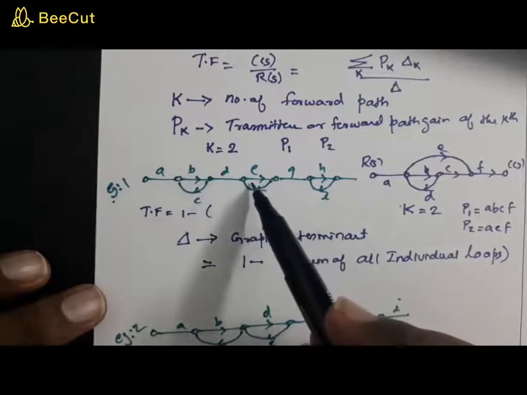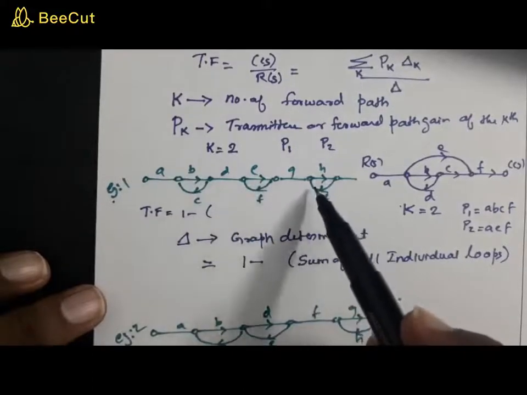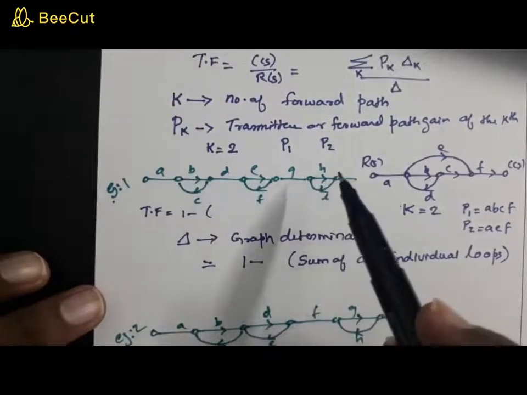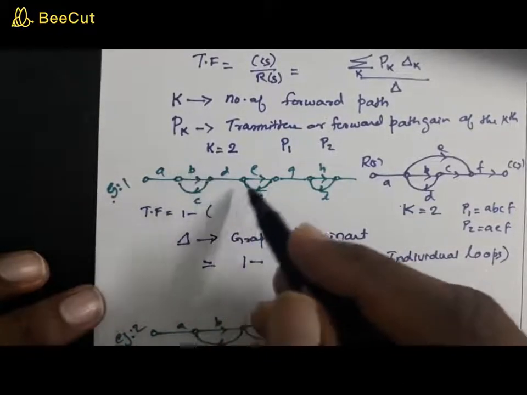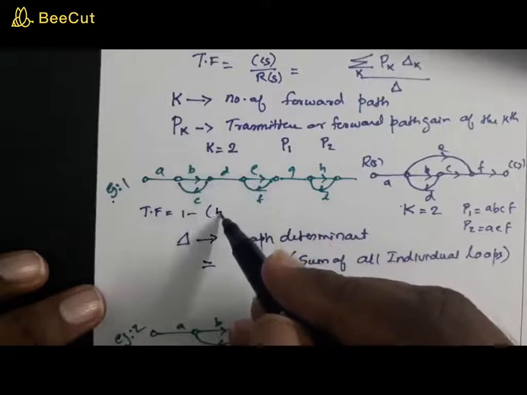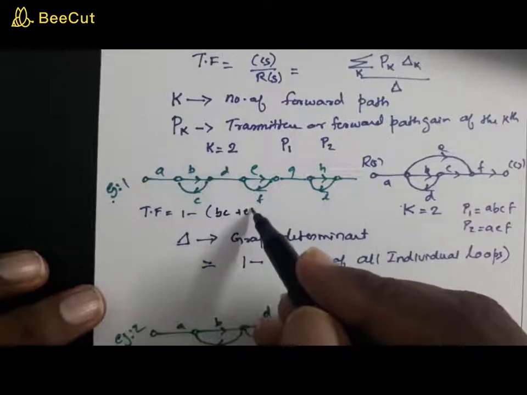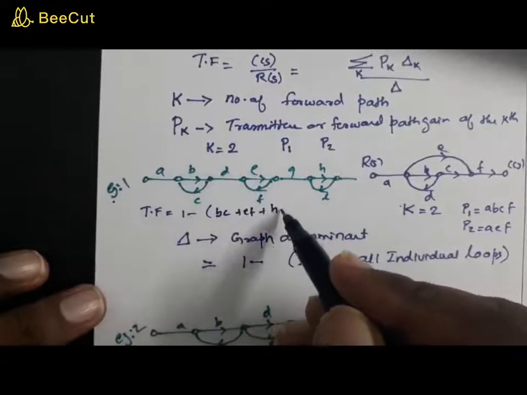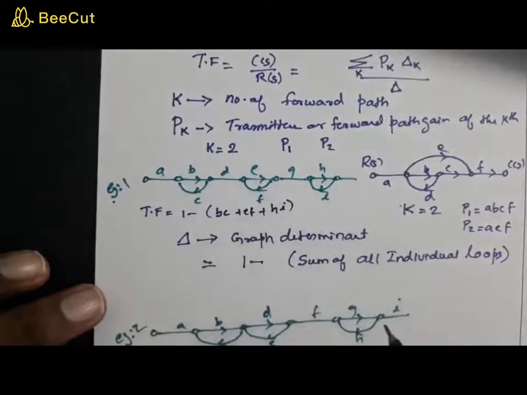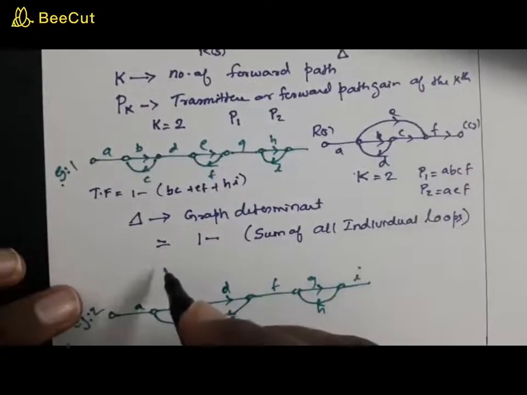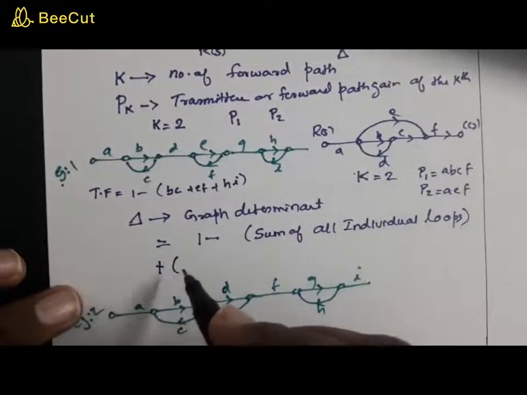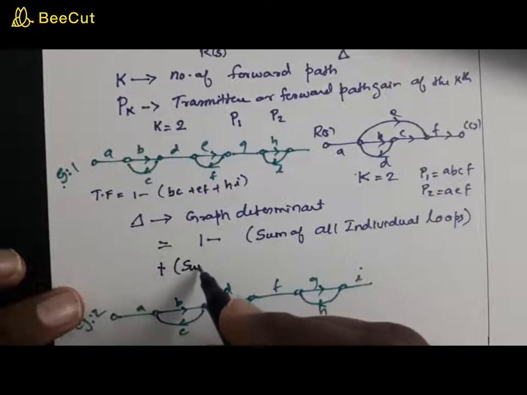Then you have another one, EF. Then you have another one, HI. So that means this will be 1 minus the sum of the individual loop gains, that is BC plus EF plus HI.